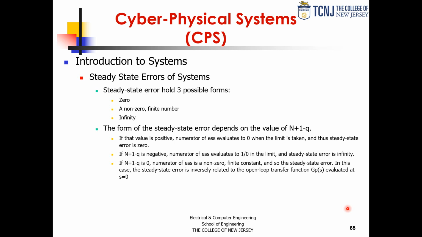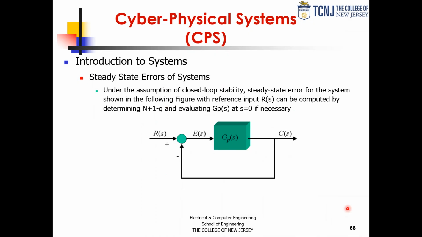So here's the type of system that we're talking about. So here is our open loop transfer function for this system that has an input, it has a transfer function, and then an output. It has feedback over here.